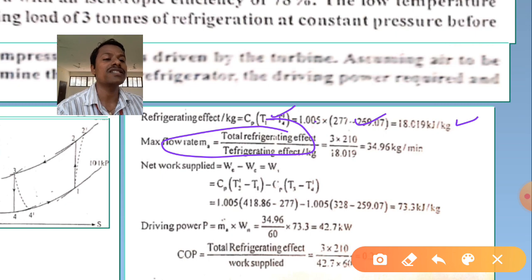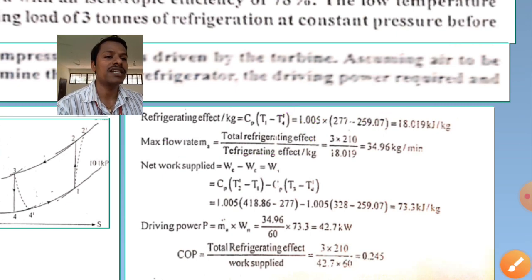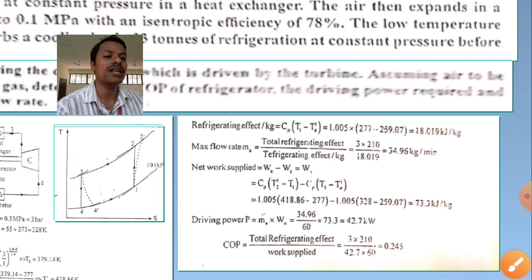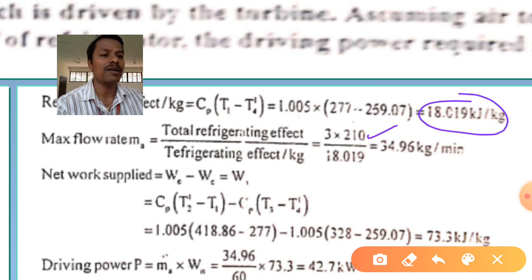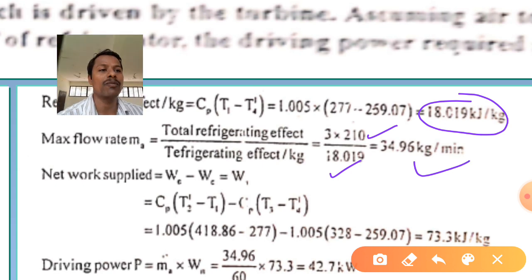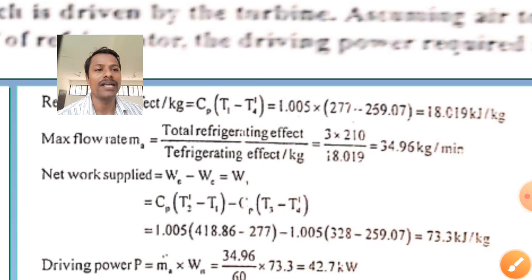The total refrigeration effect in this problem is 3 ton of refrigeration, that is 3 into 210 kilojoule per minute, and refrigeration effect per kg we have calculated as 18.01. Substituting, I get the mass flow rate of refrigerant as 34.96 kg per minute.